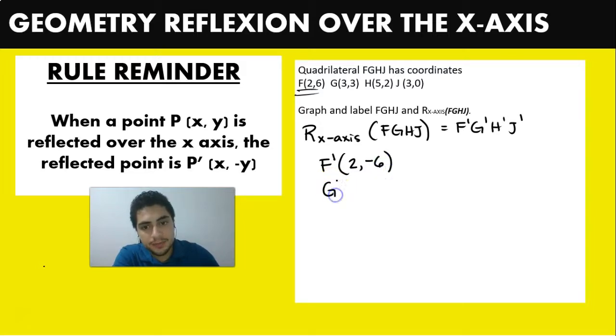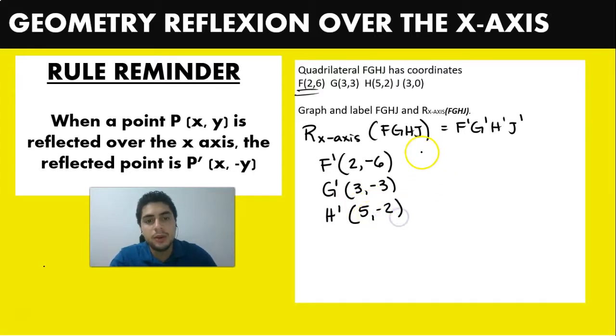G's new value is going to be (3, -3). For H, we have the same initial value of x, but the opposite value of y. And in the case of J, we have 3 comma, and the opposite of 0 is still 0. Now what we're going to do is graph the points.